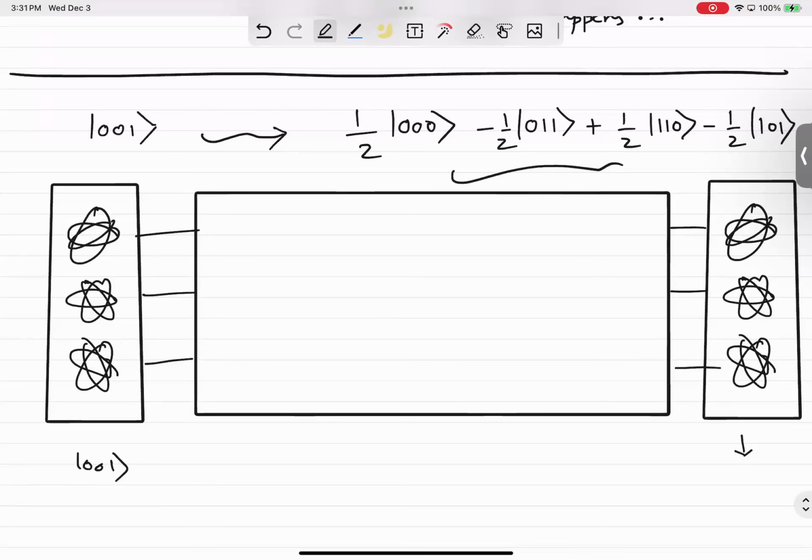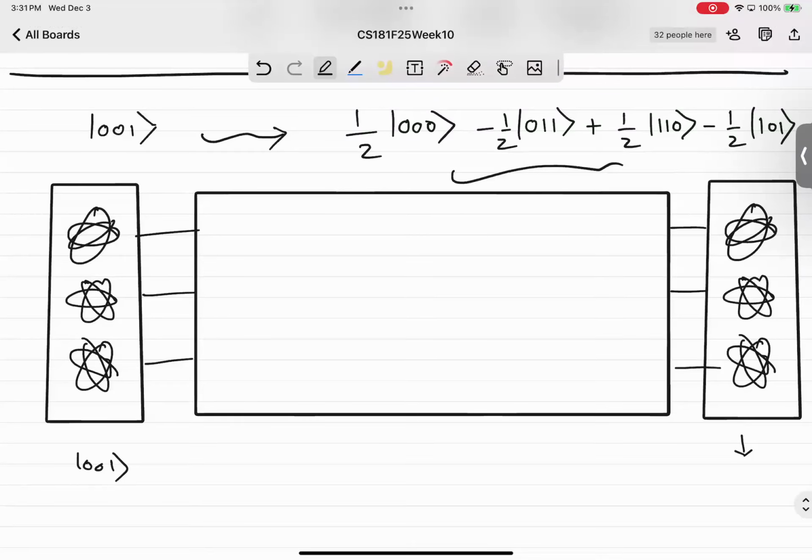Any suggestions on how you might get started, how to do this transformation? Well, the first thing is I need to apply the Hadamard somewhere, right? You can start guessing that I need to use the Hadamard somewhere because that's the only one which can create superpositions if you don't already have one, right?